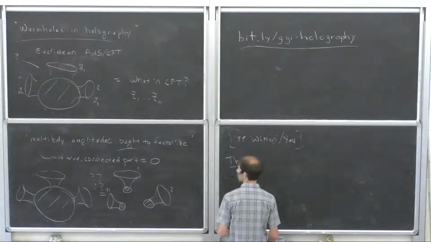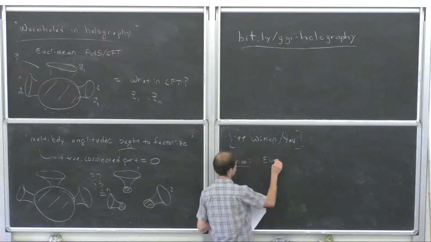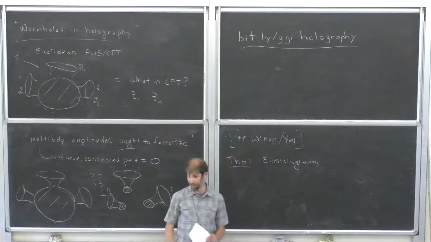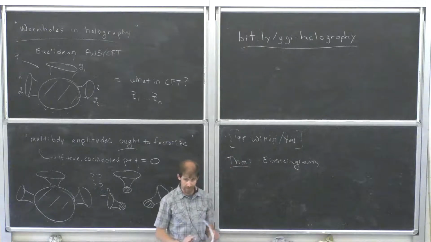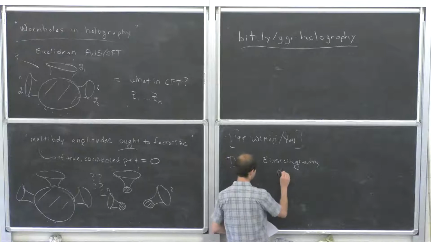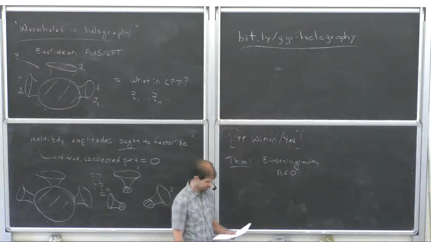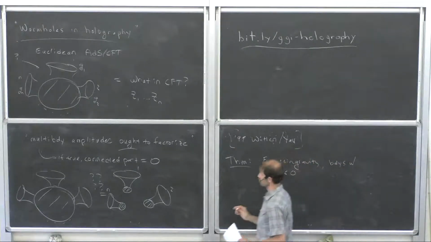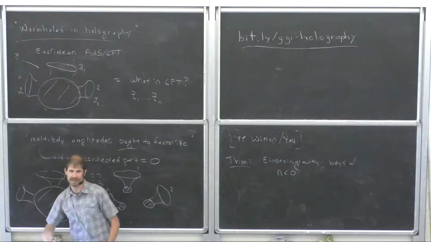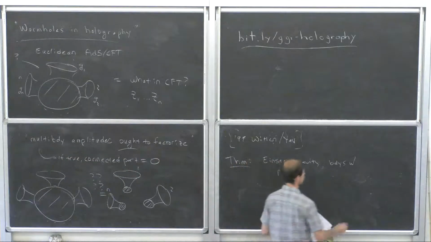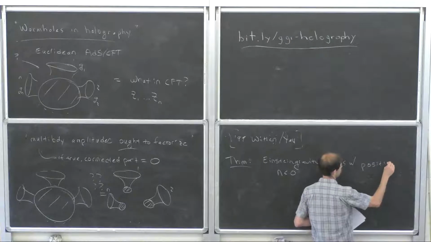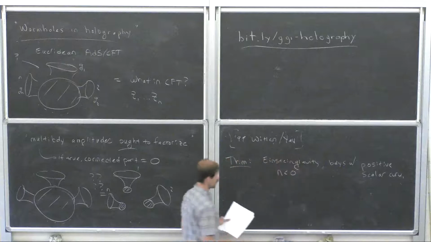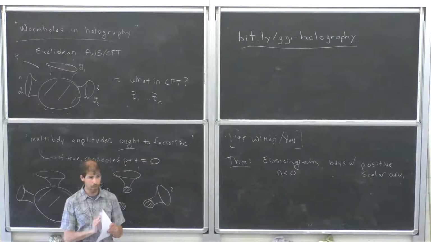What they say is, within Einstein gravity, i.e. no matter whatsoever, and ignoring higher derivative corrections and whatnot, with negative cosmological constant, and boundaries whose conformal structures have positive scalar curvature, when you satisfy all of those conditions, there are no wormhole saddles.